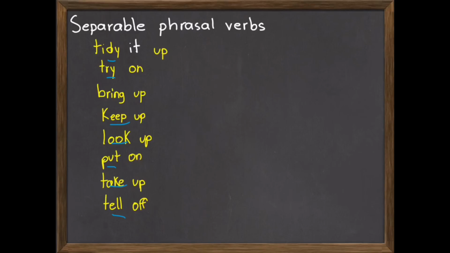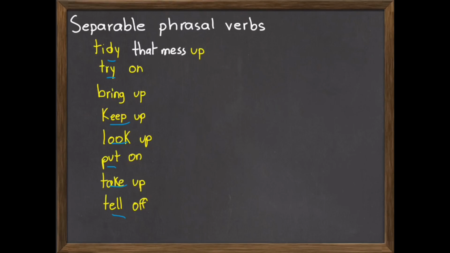And that could apply with many different phrasal verbs. For example, try it on, bring it up, keep it up, look it up, put it on, take it up, and so on. Now, when the object is a noun, it can go after the verb and the particle or between the verb and the particle. Instead of it, it could be that mess: tidy that mess up.